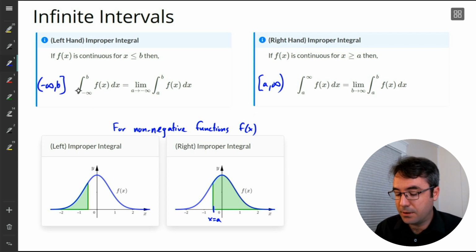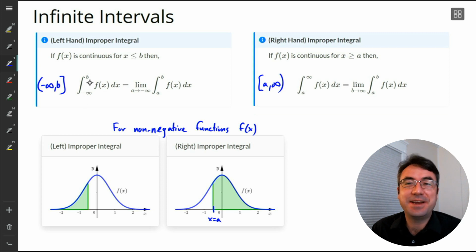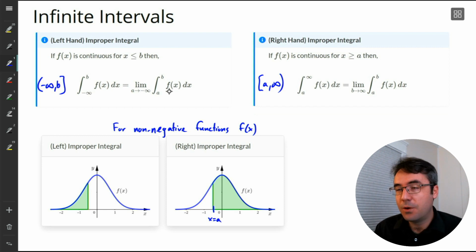All right, so we can look at the integral of f of x over that interval. A lot of similar sounding words here. So we have the integral from minus infinity to b of f of x. That's our improper integral. How do we define this? Well, again, we have to treat that infinity special.